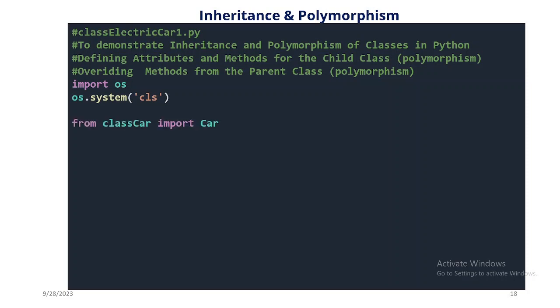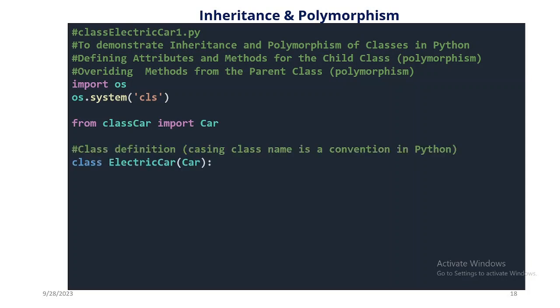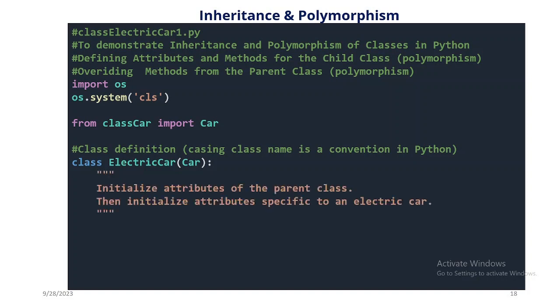So we import class Car again, and then we'll create a class and call it ElectricCar. This one is a new electric car entirely, which inherits the parent class. So as usual, we are going to initialize attributes of the parent class and then initialize attributes that are specific to an electric car.